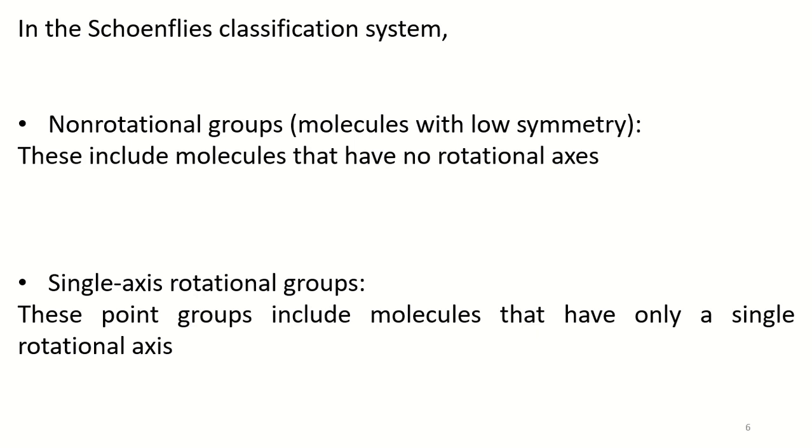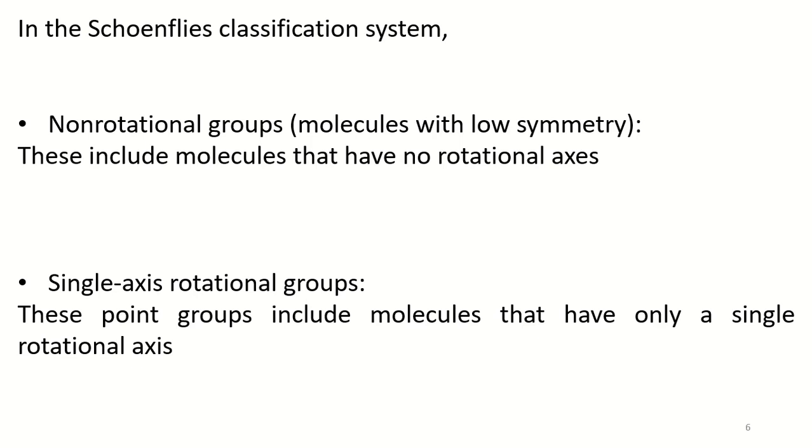Molecules that have only proper rotations in addition to the identity. We know that identity is a fixed thing that we have to write for all kinds of molecules, so if I talk about other rotations, it means in addition to the identity.